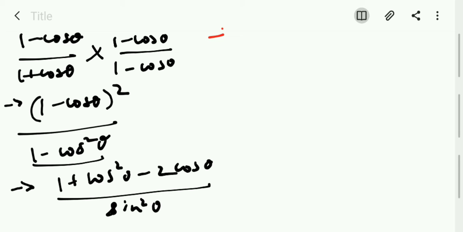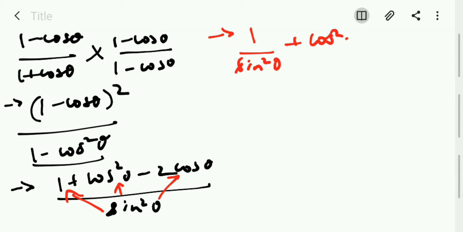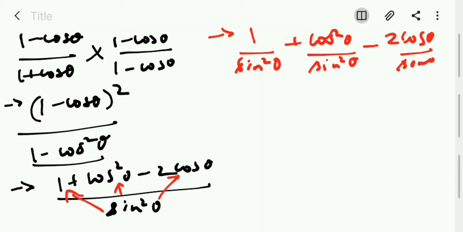Now the next step, very important: the sine square theta should be given to all the three things, right? Now just divide it. (Sine square theta plus cos square theta) by sine square theta minus 2 cos theta by sine theta into 1 by sine theta.